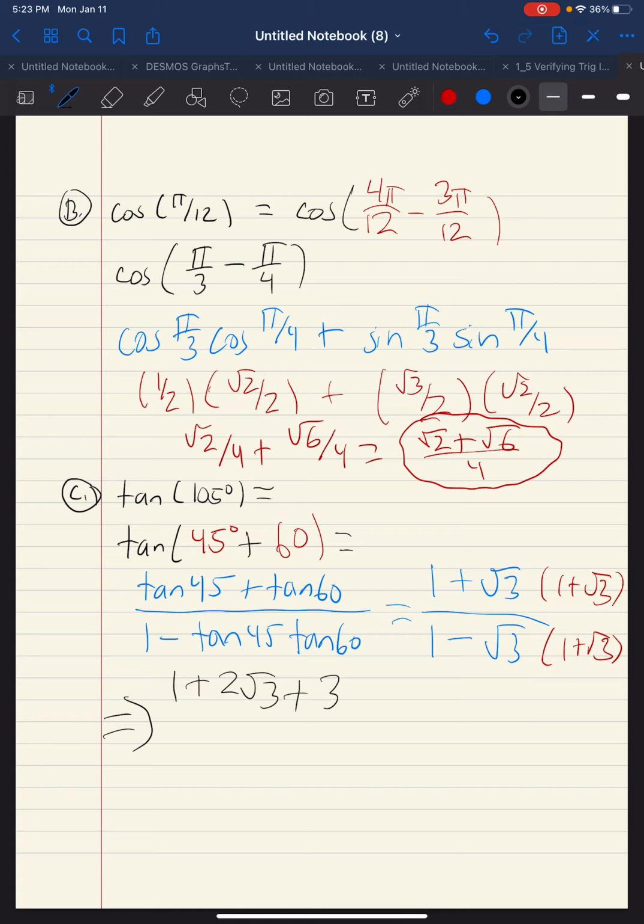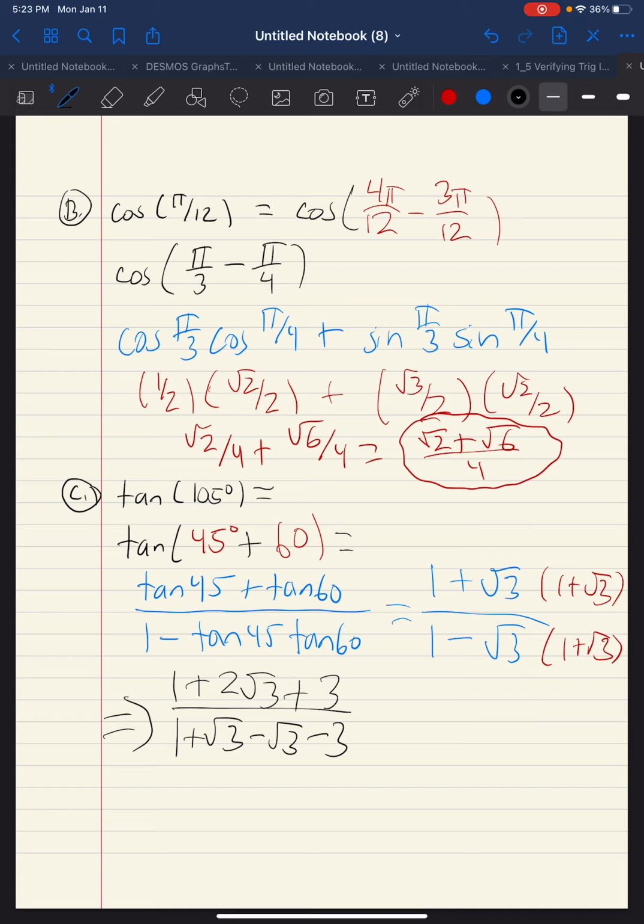That's from the top, multiplying or foiling. And then the bottom you get 1 plus rad 3 minus rad 3 minus 3, because rad 3 times rad 3 is rad 3 squared, and those cancel, so you're left with minus rad 3 there.